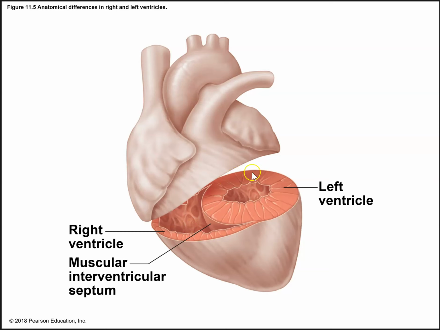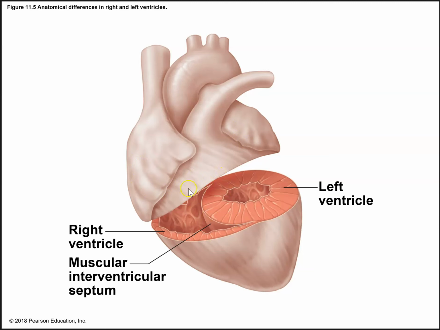So the left ventricle pumps blood under a lot of pressure compared to the right ventricle. For this reason, the left ventricle needs to have really thick walls to withstand the pressure. Now, right above the ventricles, you have the right atrium over here and the left atrium over here.